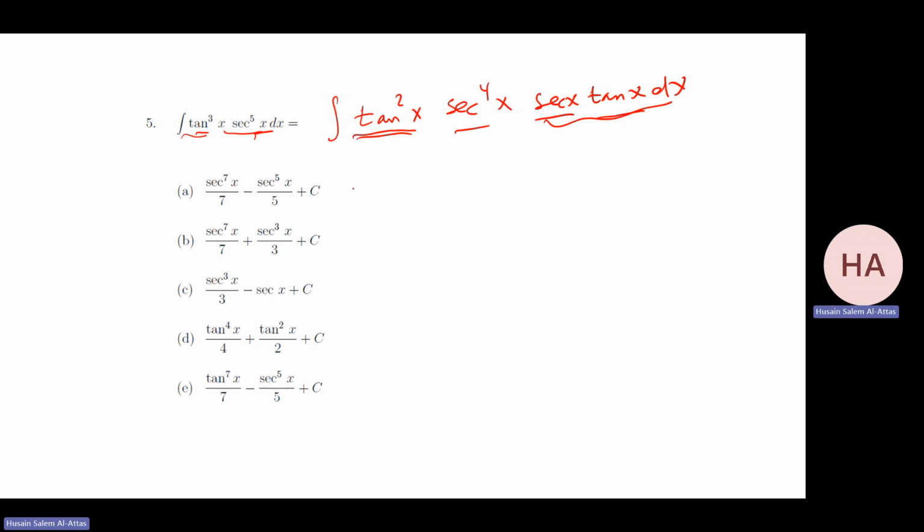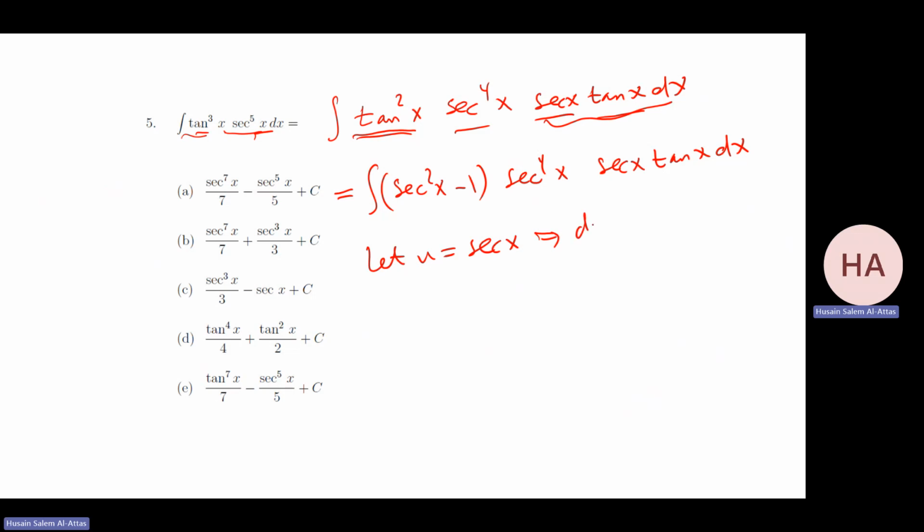What I need first is to change tan into secant. I know 1 plus tan squared equals secant squared, so tan squared will be secant squared minus 1. Secant to the power 4 x, then I have secant tan dx. Now I let u be secant x. What will be du? Du will be secant tan dx. So now I change everything.